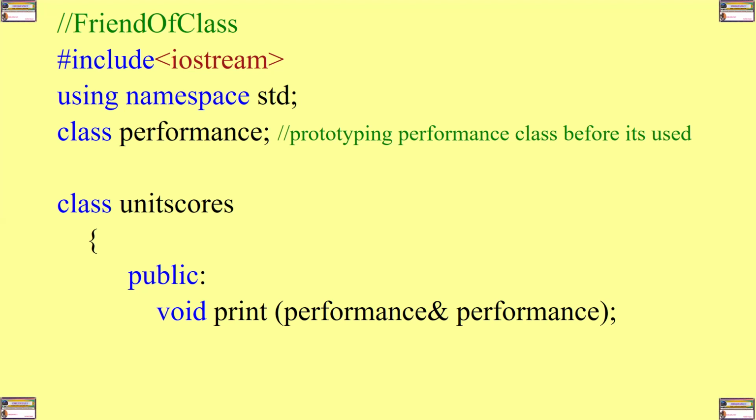In other words, this function called print is receiving a pointer to the class called performance.